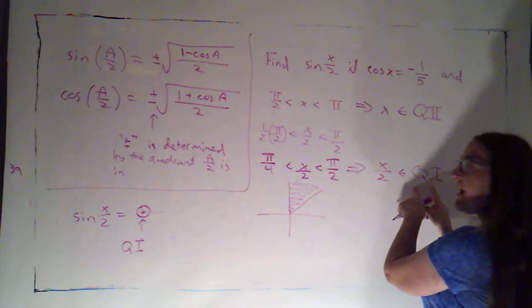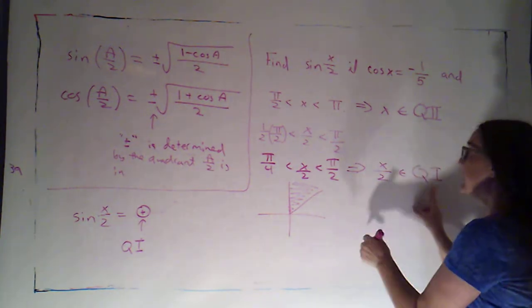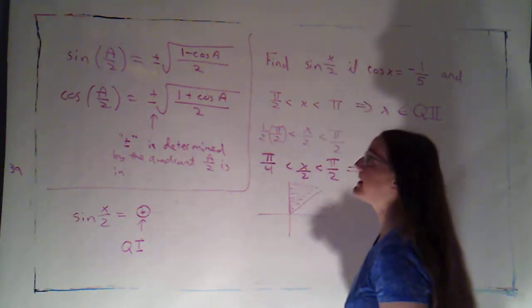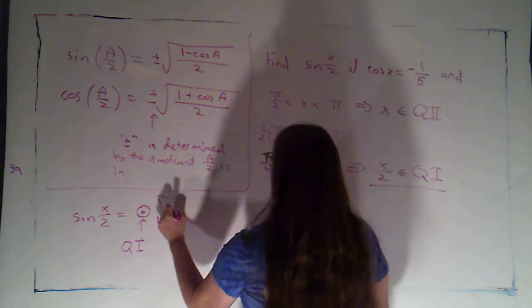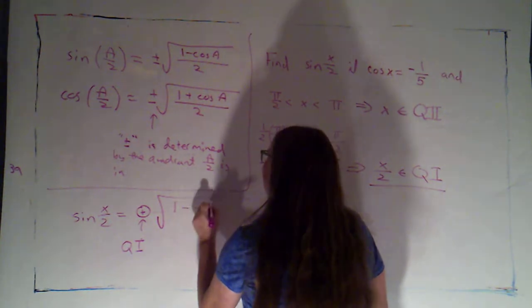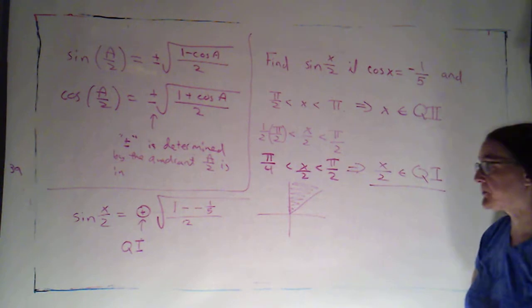You're identifying explicitly what quadrant your angle is in. So I've written that down. I've said that's my reason that I'm choosing the positive, and it's the square root of 1 minus cosine of x. So minus a negative 1/5 all over 2.